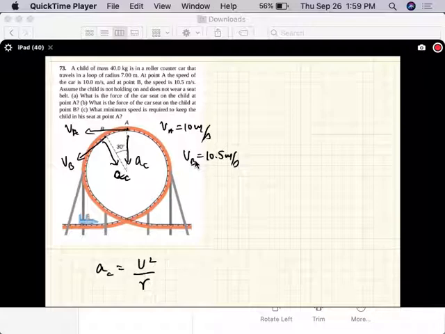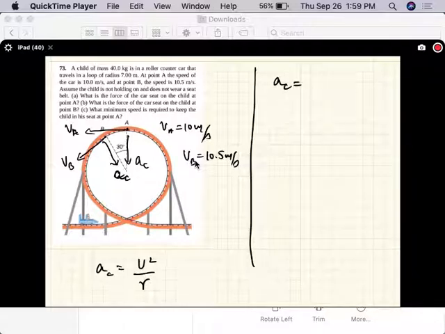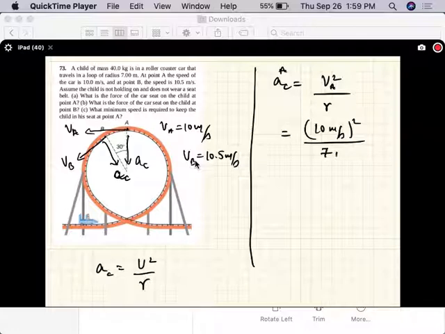All right, so let's calculate the centripetal acceleration of the child at point A: 10 meters per second squared divided by 7 meters.